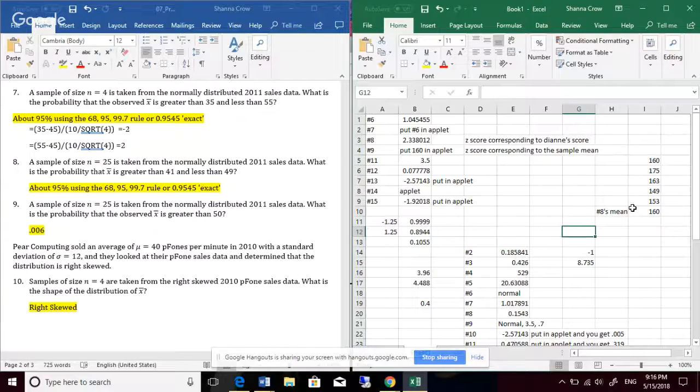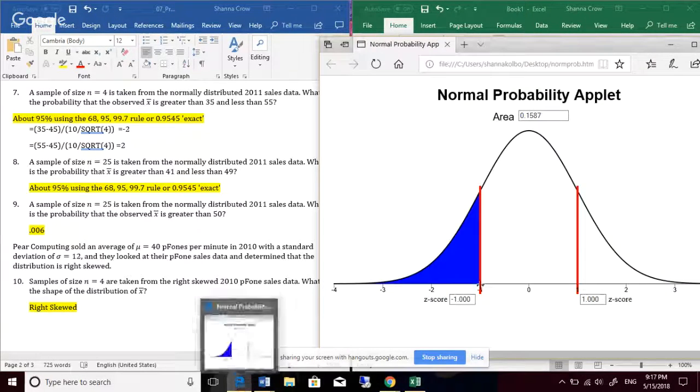Okay. So I got negative 2, but then we have to put it into our applet, or is that what it's called? Yeah. And we put it, let's see, less than, so we put it on the left side.